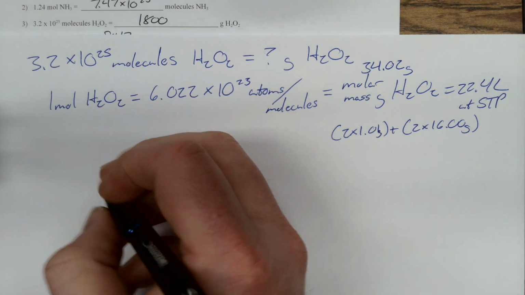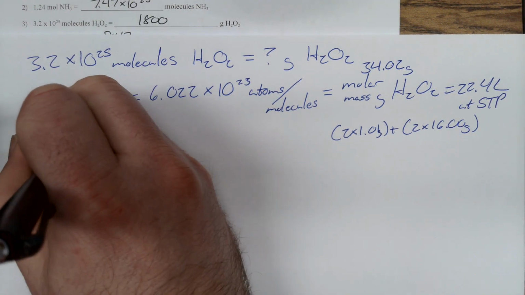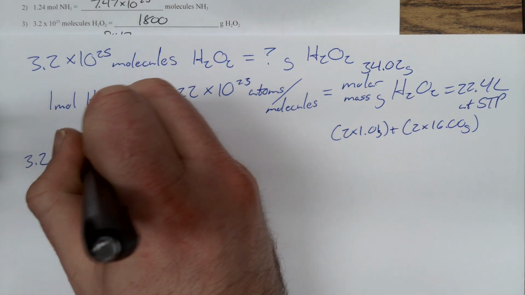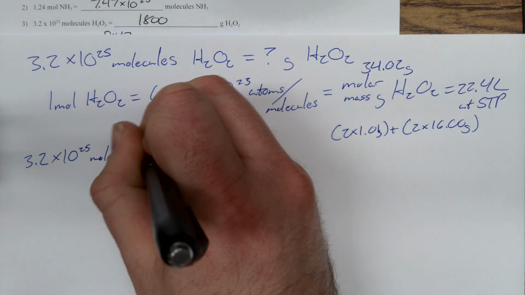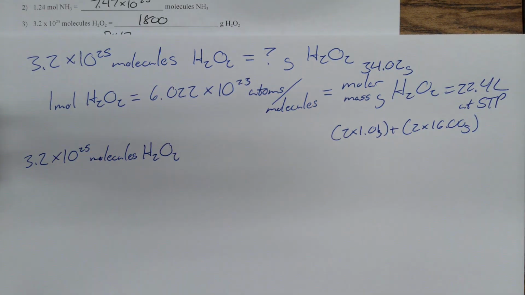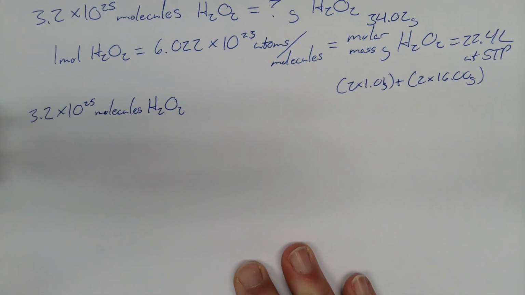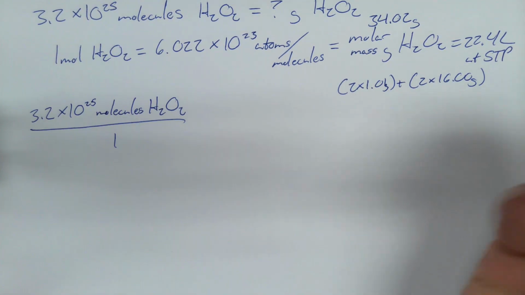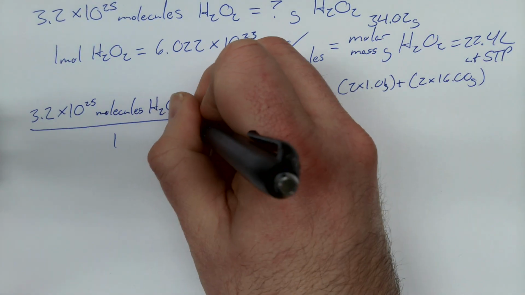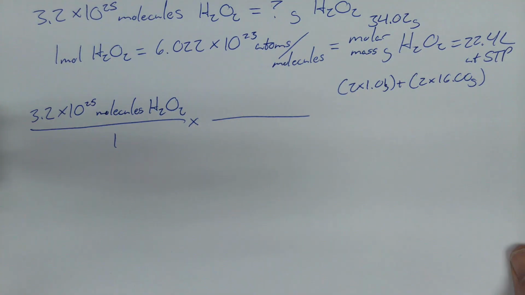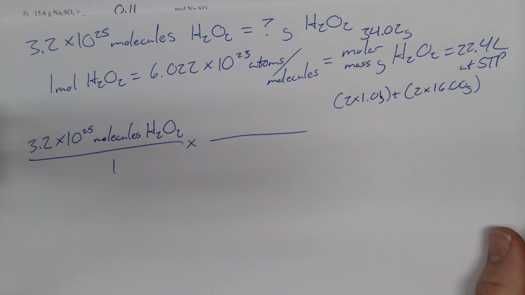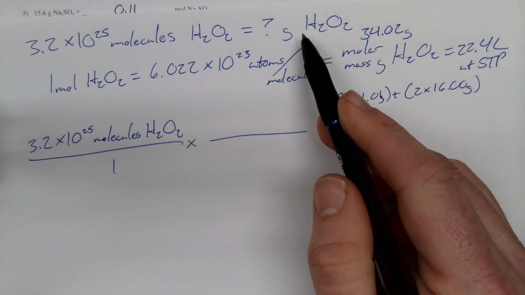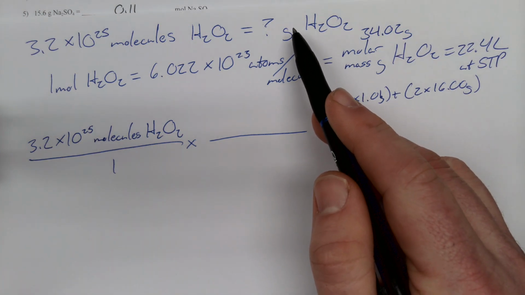Step 2, I rewrite my problem. 3.2 times 10 to 25 molecules of H2O2. To make it easy, I put it over 1. Now I'm going to use my dimensional analysis equation. I want grams in my final answer.